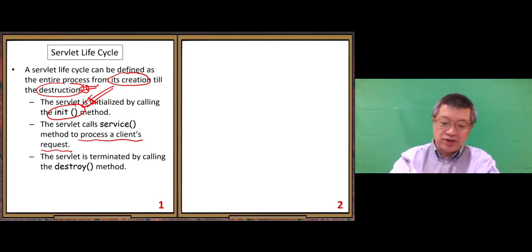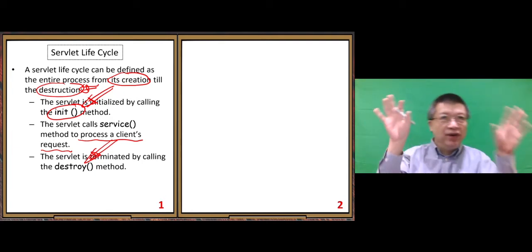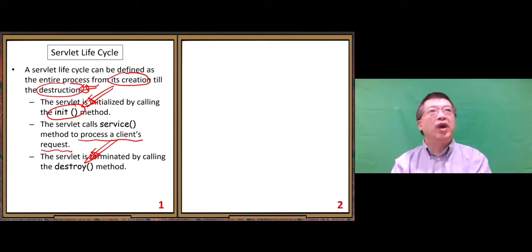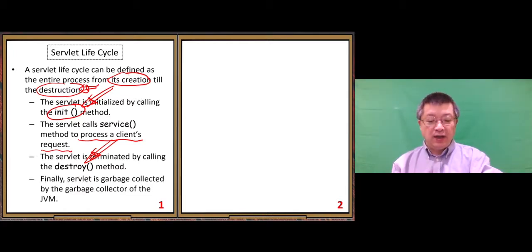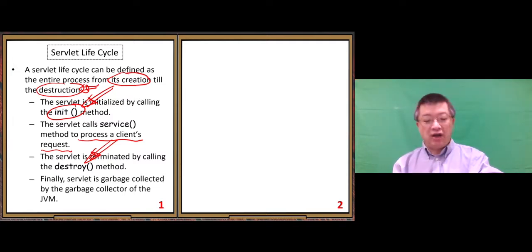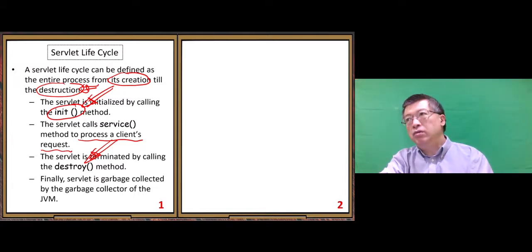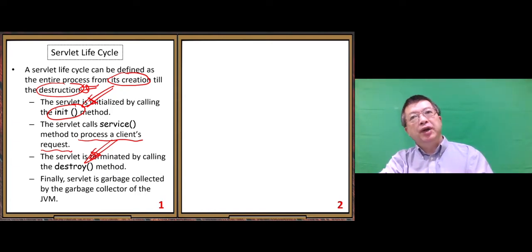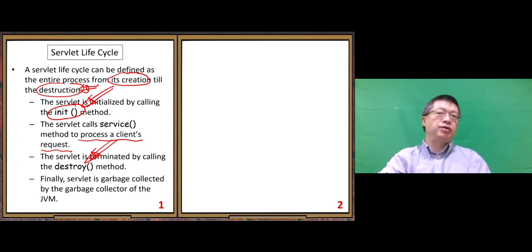So in this destroy method, you release memory resources and do some regular things. Finally, the servlet is garbage collected by the garbage collector of the JVM. That's the normal Java way to handle memory resources.